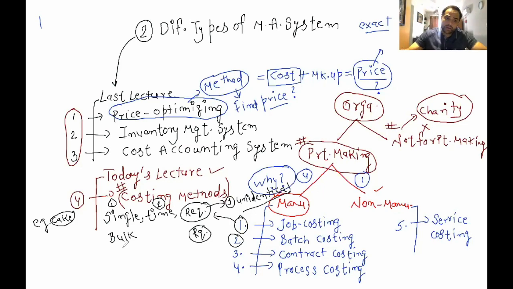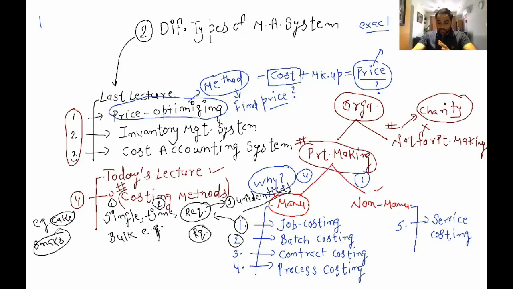So now what could be an example of a product where batch costing is a suitable method, right? The example is snacks. The companies involved in producing snacks, right?